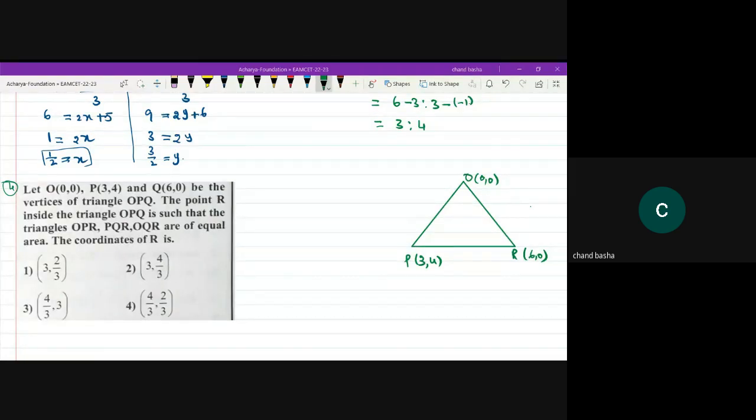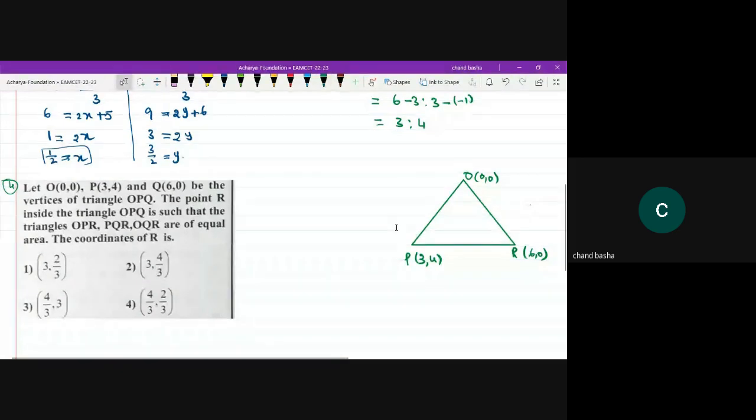These are all simple questions. Questions are so simple, please. So R is inside, meaning somewhere here I'm going to take it. This is your R point. But according to the given question, the point R inside OPQ is such that the triangles OPR, and next let us join them.